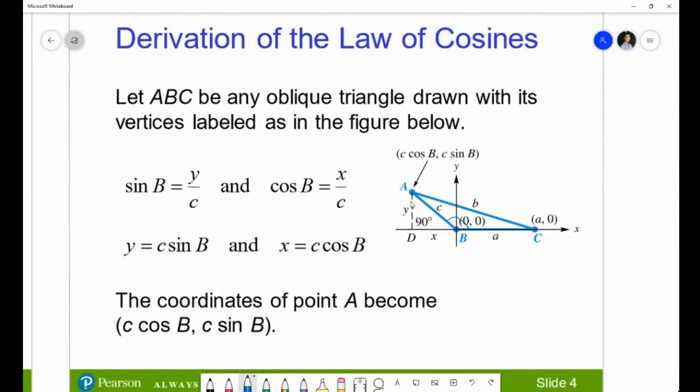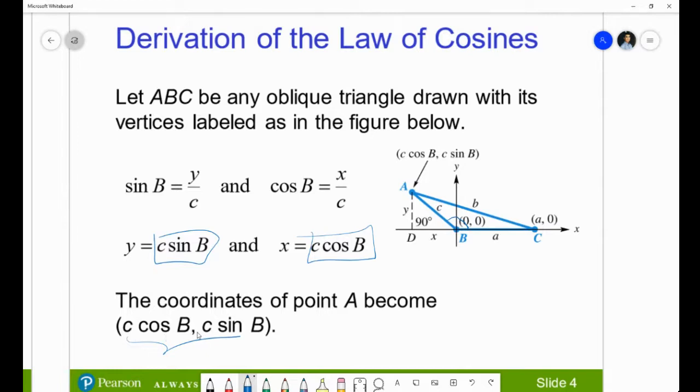Remember that y is the height of this triangle divided by c. We can find this using the same idea as before, and when we set x and y using the law of sine, c sine B and c cosine B, we have the following coordinates.